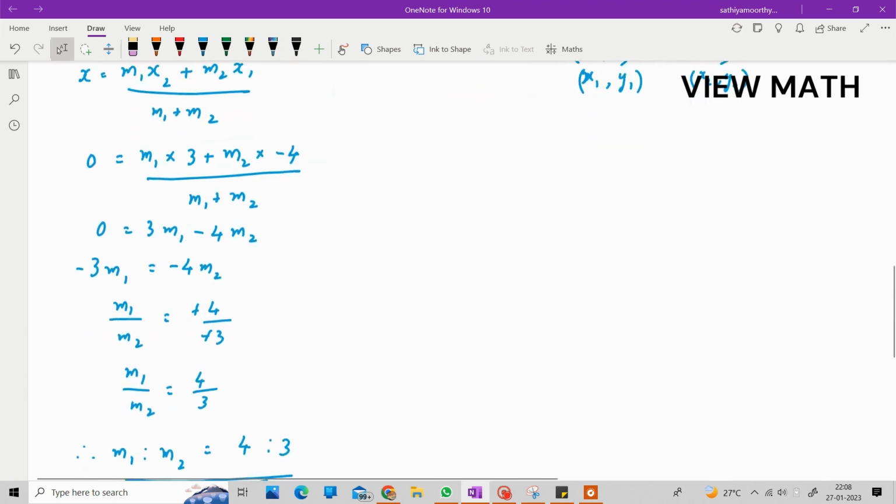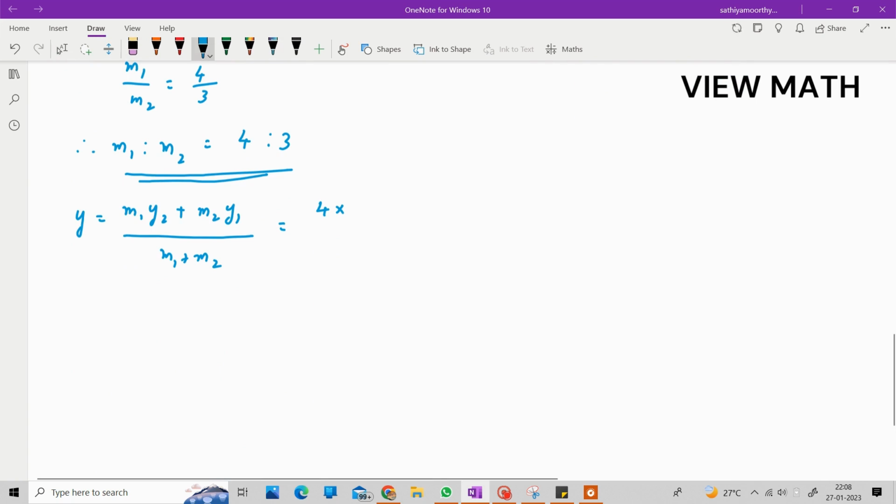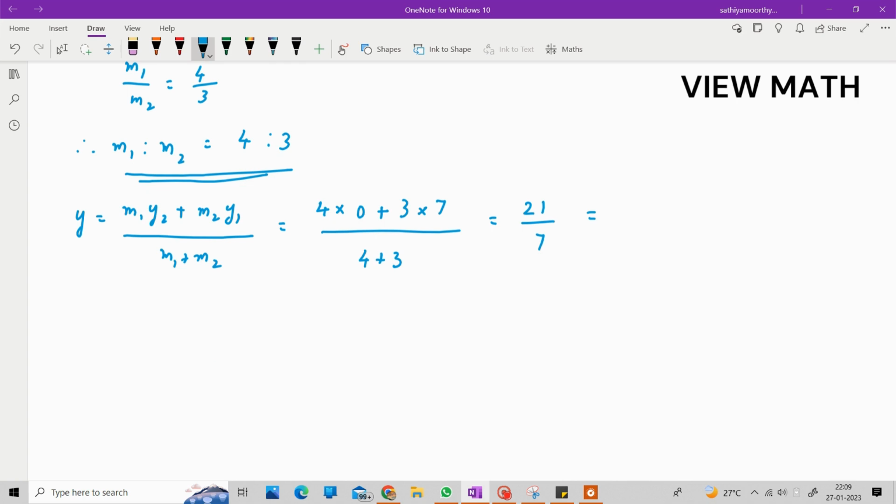So y is equal to 4 into 0 plus m2, which is 3, into y1, which is 7, divided by 4 plus 3. 4 into 0 is 0 and 7 into 3 is 21, divided by 4 plus 3, which is 7. So 7 one times and 7 three times, it is equal to 3.